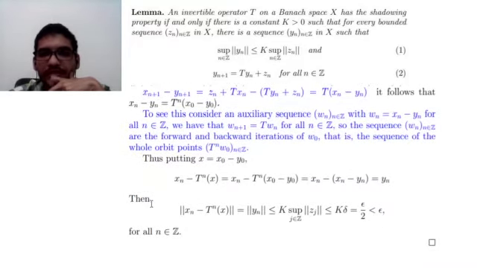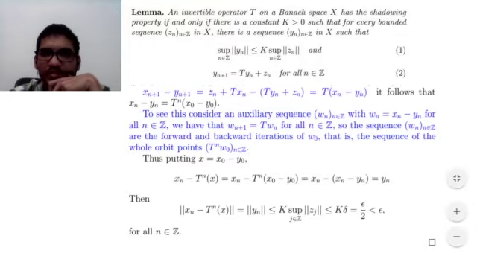Then you see that the norm of x_n minus T^n of x is equal to the norm of y_n from this equality, that is less than or equal to this by property 1 of the lemma, the hypothesis, and this is less than k times delta.